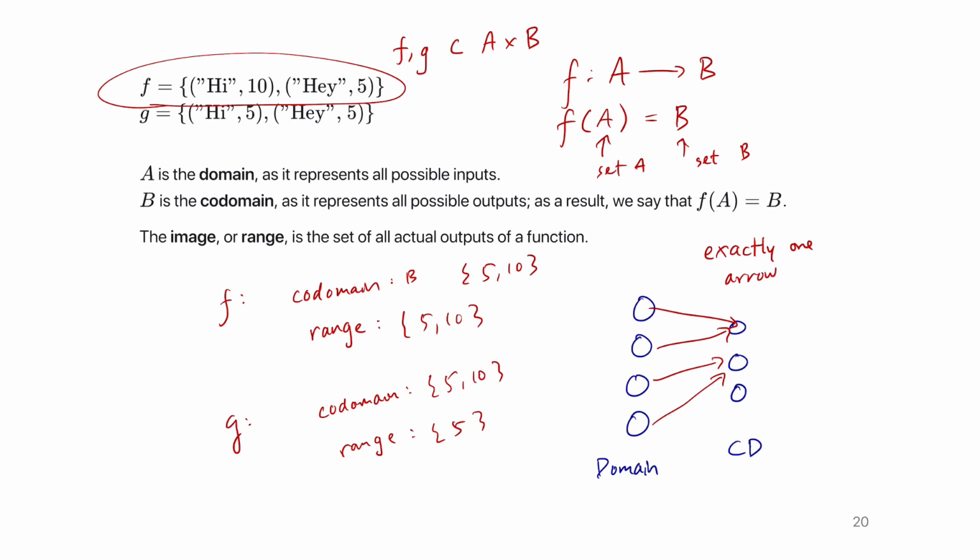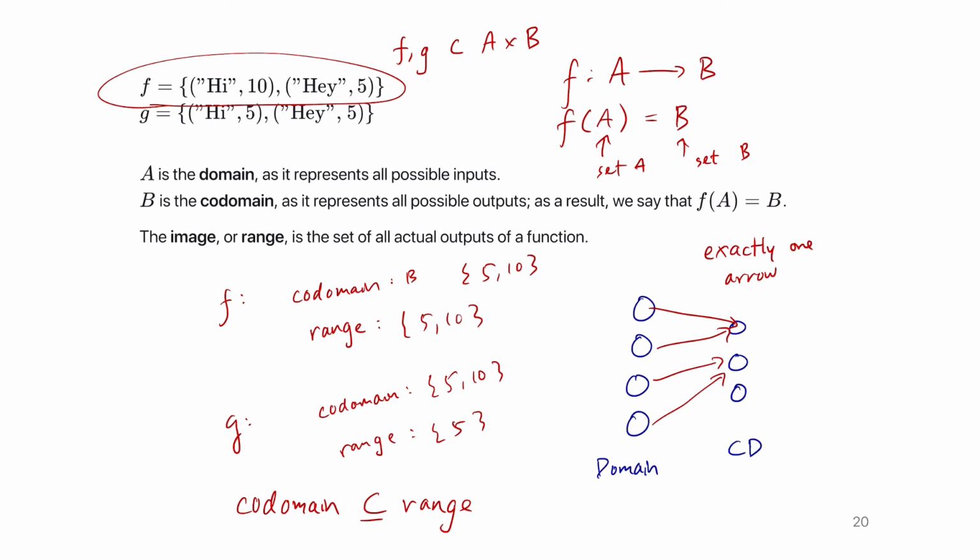And in terms of sets and subsets, the codomain is always a subset of the range. It could be equal to the range. So for example, in F, the codomain and range are equal. But that won't necessarily be the case in every function we look at. And we'll study different functions with different combinations of these properties.